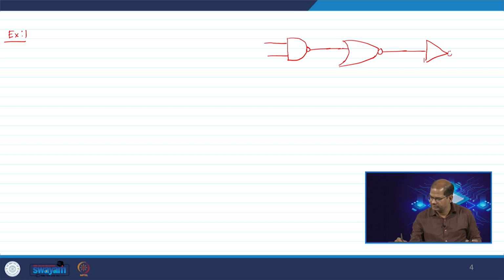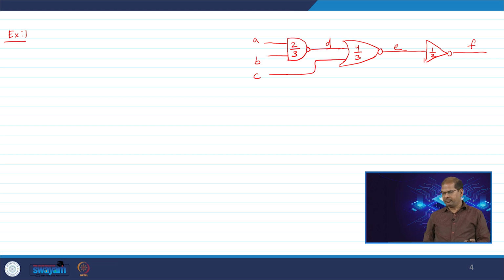It is easy to explain, so I took a very small example. These are the rise and fall delays of each gate. This is my node A, node B, this is node D, this is node E, this is node F. For each of the nodes I need to find the arrival time, and this is node C, which is the input of my NOR gate.